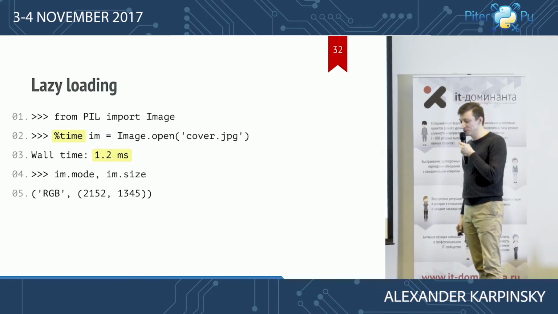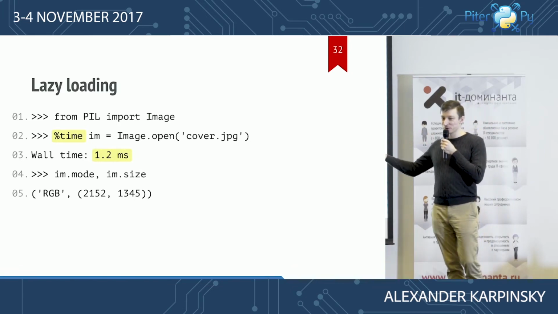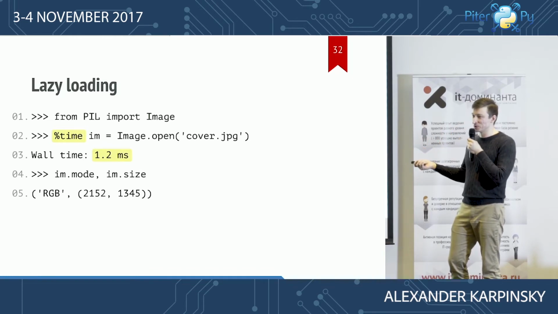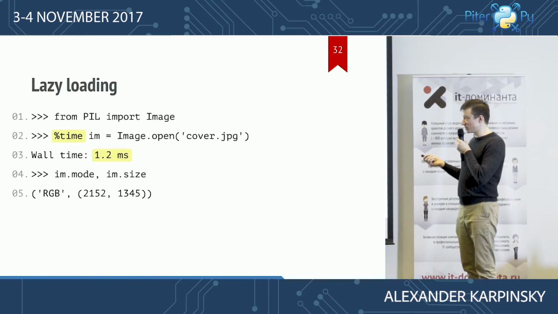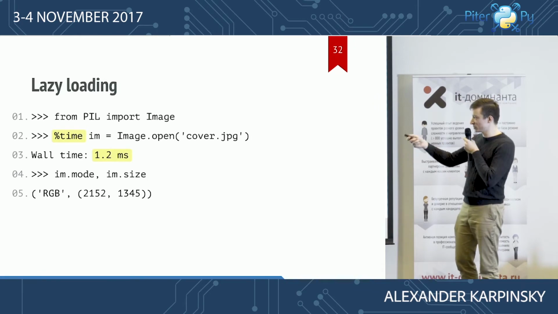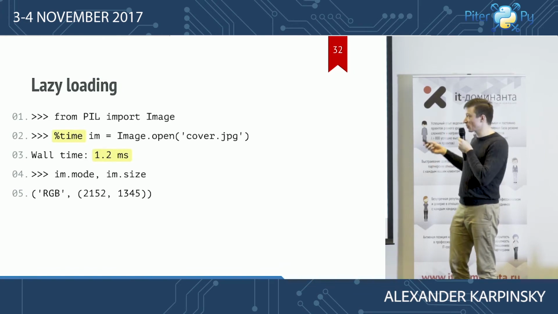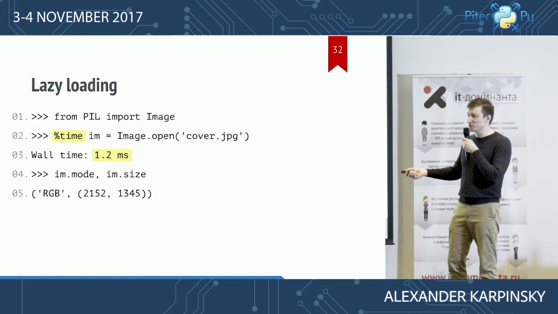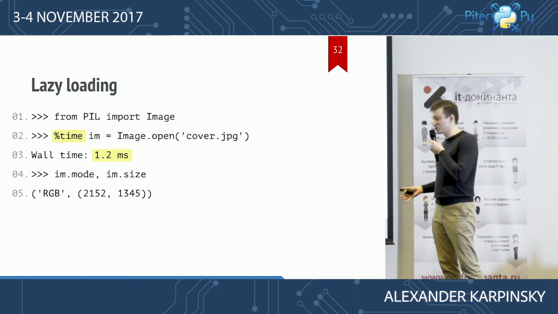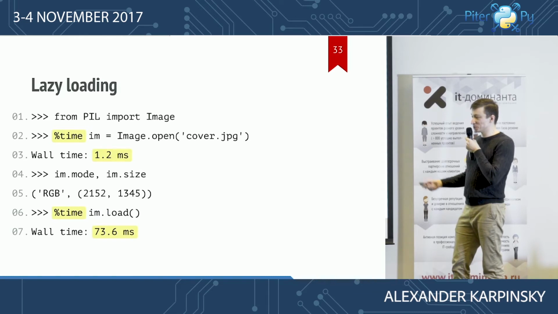And the first is lazy loading. If by means of PIL we try to open an image, it takes little time, and no decoding happens. But we have an image object, and we can read the mode, whether it is RGB or palette, etc. We can read the size in pixels, we can read some meta information, and we can make up our mind whether we're ready to decode or whether they are trying to bulldoze us with a mega picture.